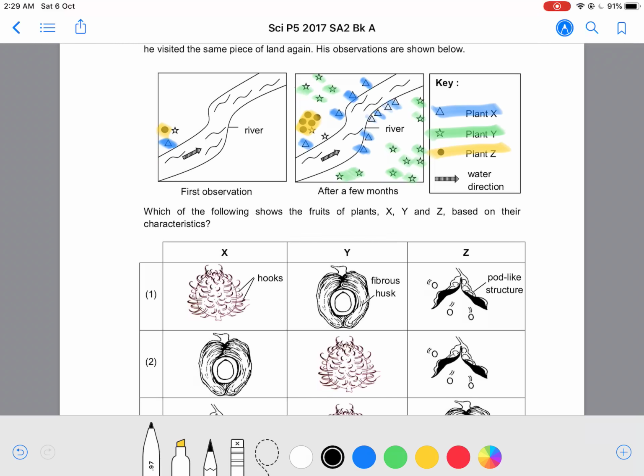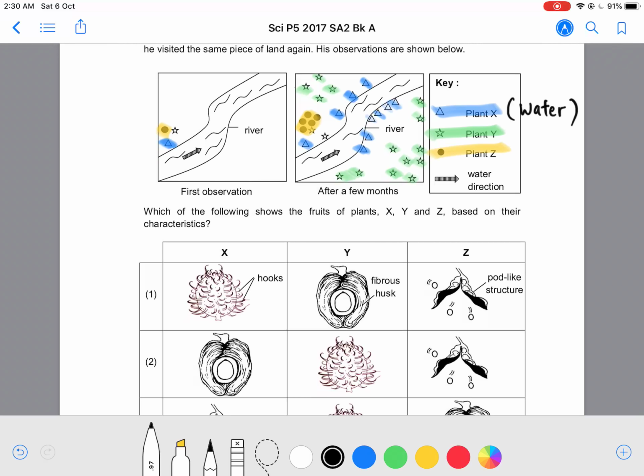Now, plant X definitely must be water, right? Because you find it near the river and it follows the direction of the water, right? You remember there was an open-ended question. It must be near the river and it follows the direction of the water for you to confirm that it's a water dispersal. Plant Y, interesting.